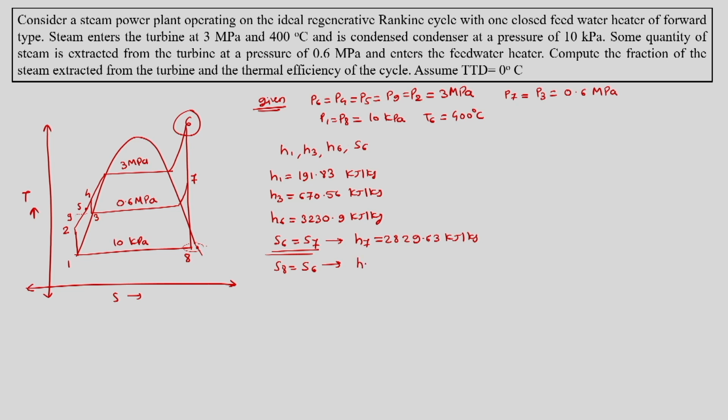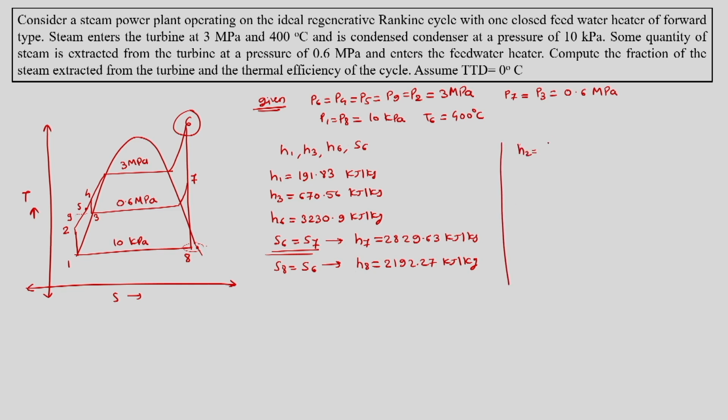Ultimately we need to find H8, and H8 comes to be 2192.27 kilojoule per kg.